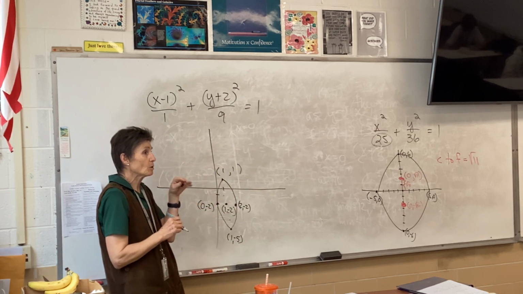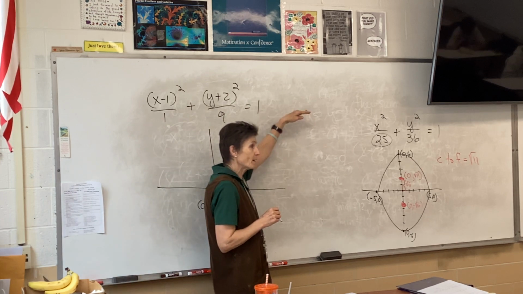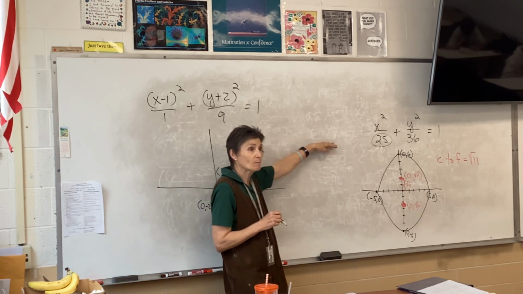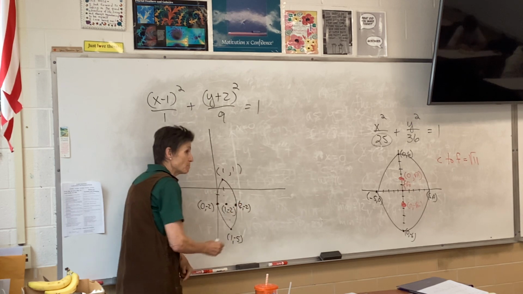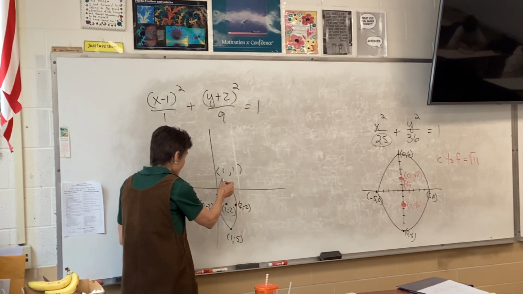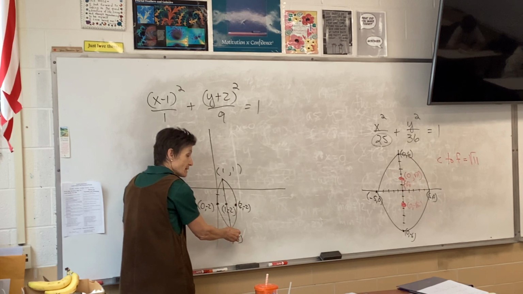So if this were a quiz, there would be some blanks over here to the side, and you would have to tell me what the center is, well, you already did that. And then you would tell me what the vertices are, and it would be all 4 of these points. This is my major axis, because it's longest.